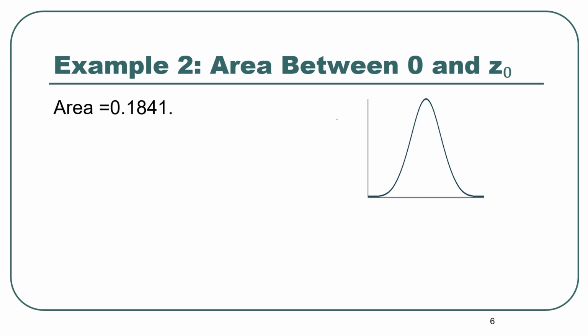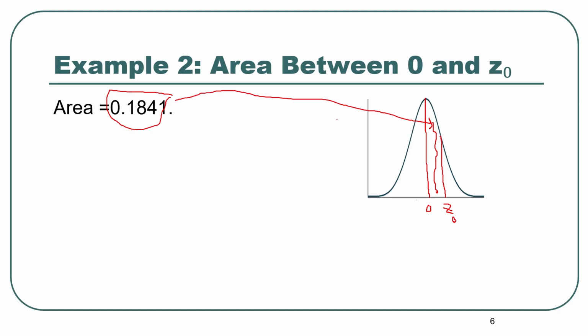I want the area exactly between 0 and z-naught. That area I want to be exactly equal to this value. Now, is this area a left area? No, it's not. I need to transform it to a left area.